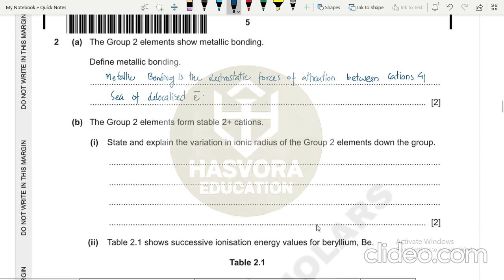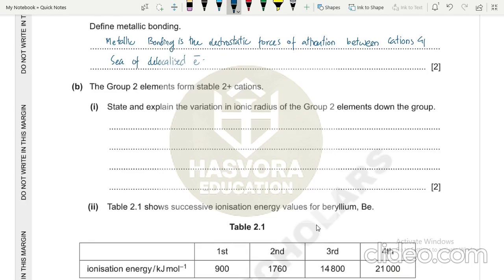So this is the definition of metallic bonding that is acceptable.